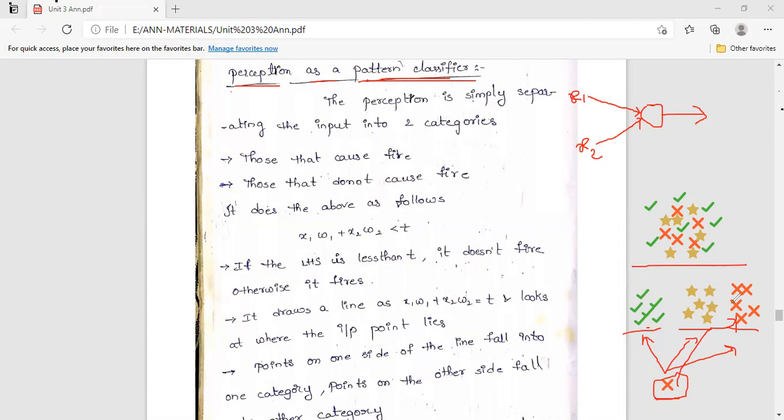These are the different patterns we have in our data set. This is about pattern classification: you need to identify which pattern the new data belongs to. You need to classify that.